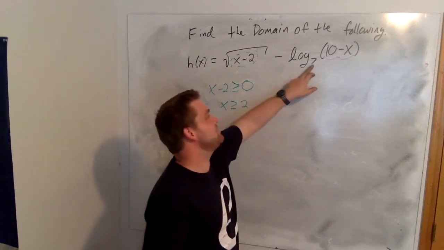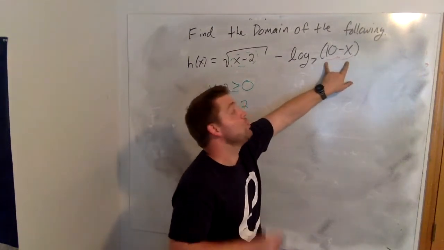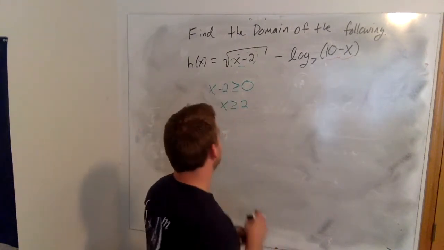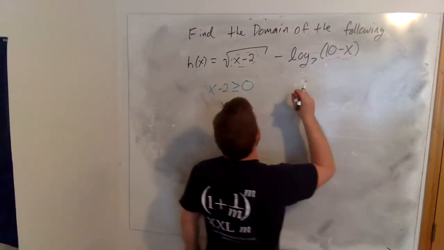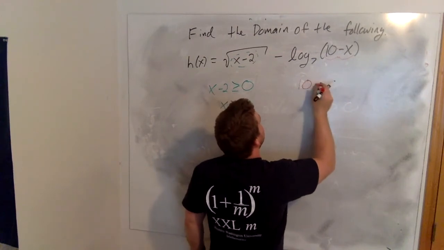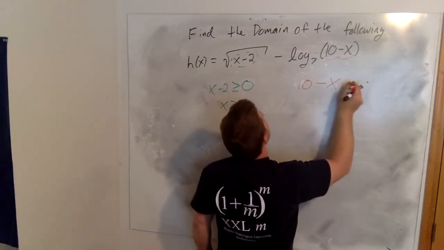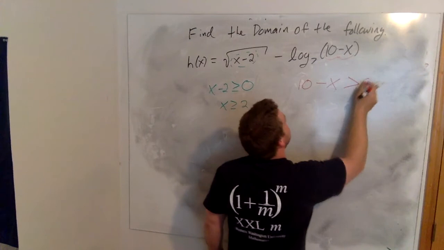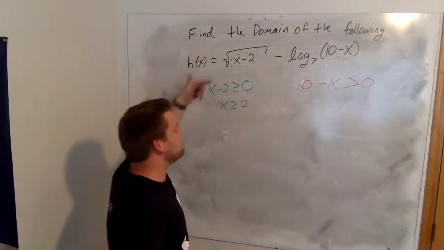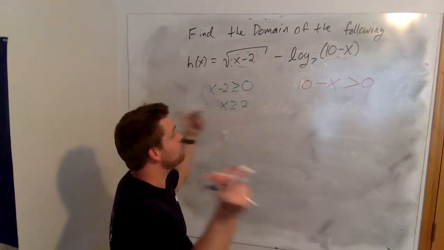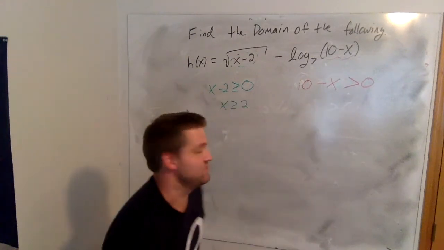So it doesn't matter what the base is, whatever is inside here will always have to be strictly bigger than 0. So here we need 10 minus x to be strictly bigger than 0. For square roots, they can be bigger than or equal to 0. For logarithms, strictly bigger than 0.